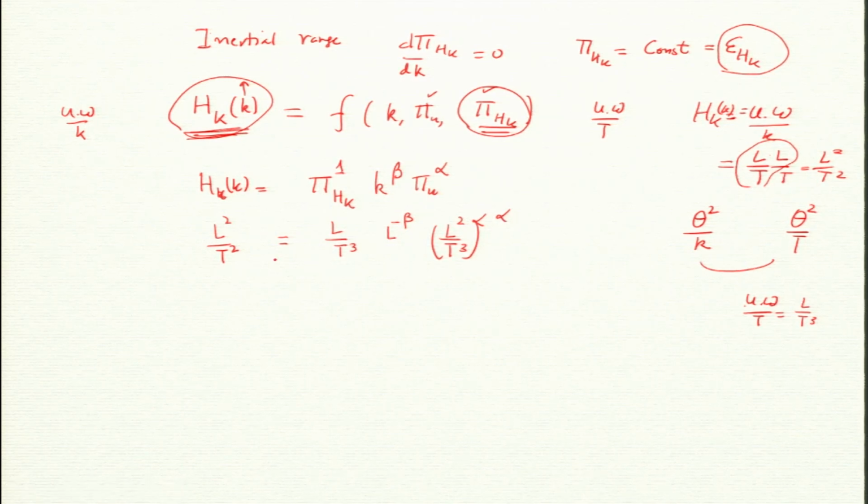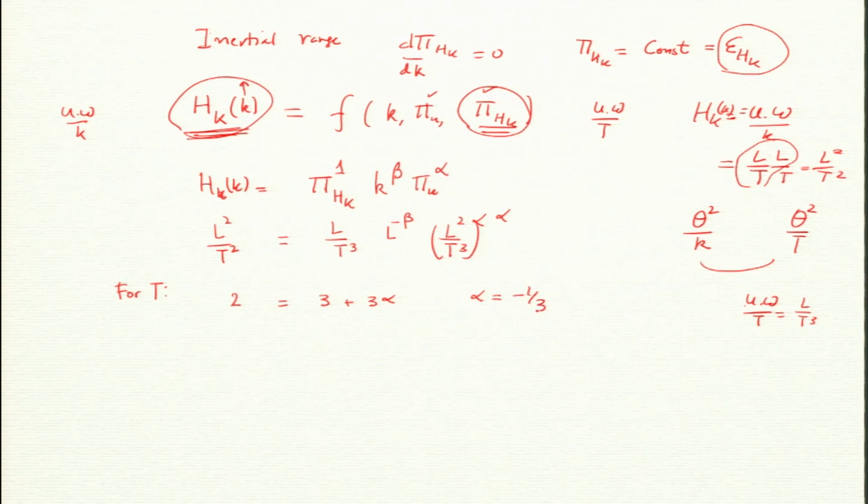So, what do I get? Let us do the T first. T has one quantity less. So, 2 is equal to 3 plus 3 alpha. So, what is alpha?